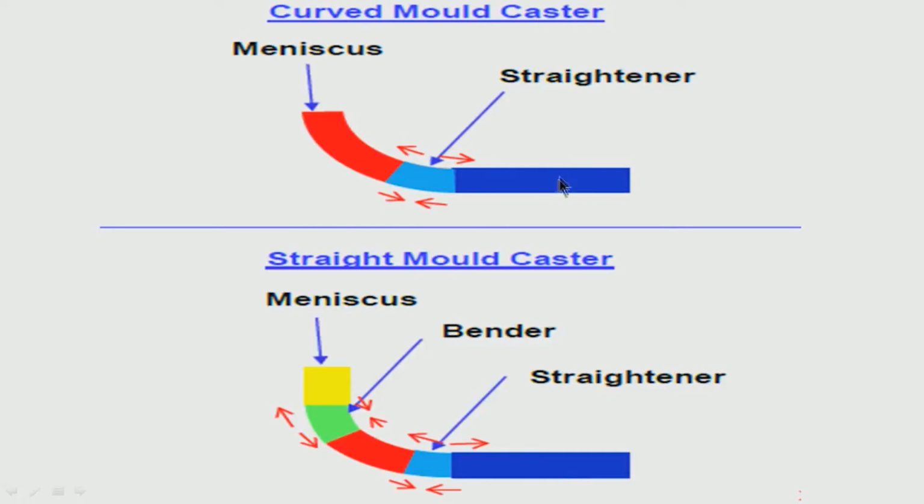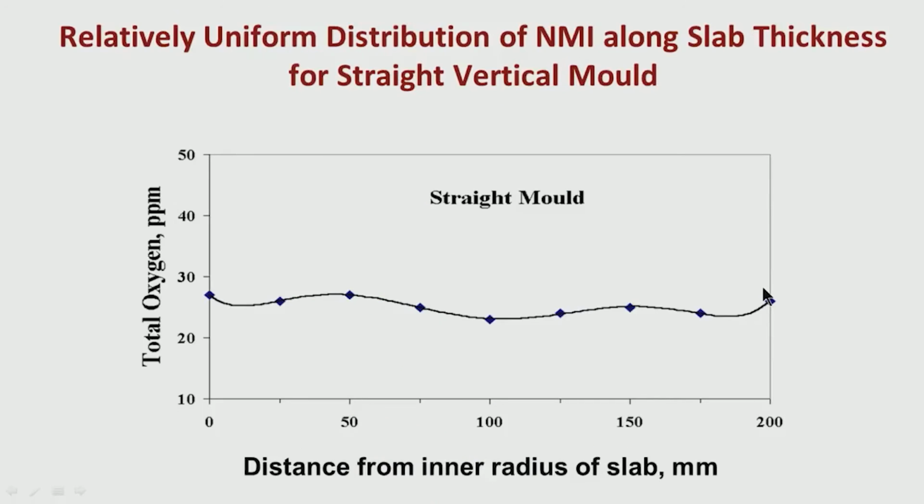So if you analyze the slab from the inner radius to the outer radius, you will find the inner radius has relatively more inclusions and the outer radius relatively fewer. In a straight mold, it is more or less uniformly distributed. That is what I have shown; you see, this is more or less uniformly distributed.